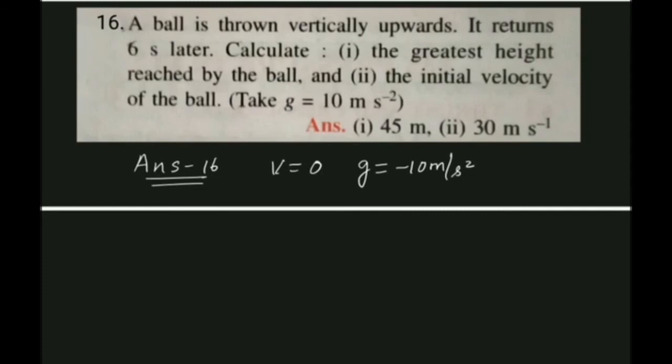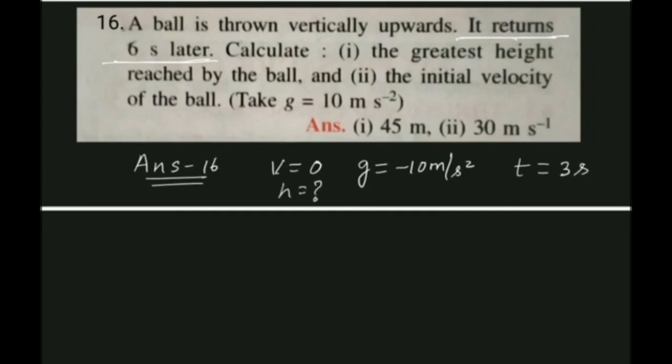Why minus? Because the body is going against gravity. Now what is the time given? 6 seconds. 6 seconds is the time of going up and coming down. So we will not take 6 seconds, we will take 3 seconds, because we will study only the half journey. So the greatest height, we have to find the value of h.